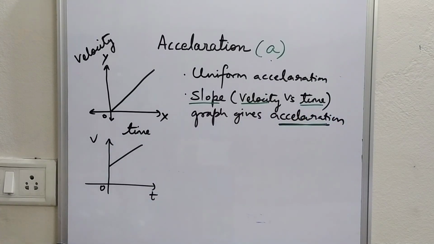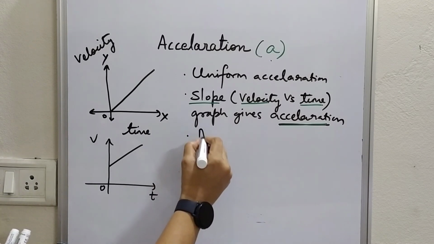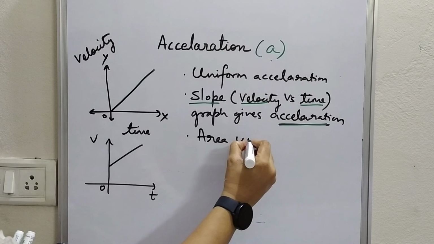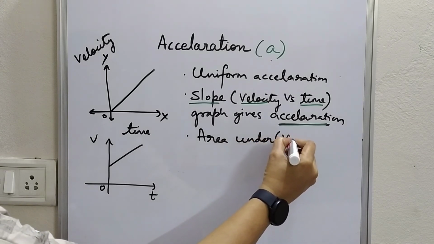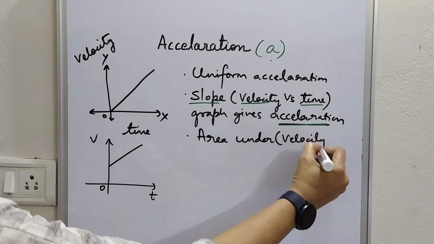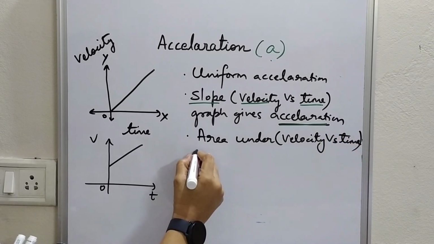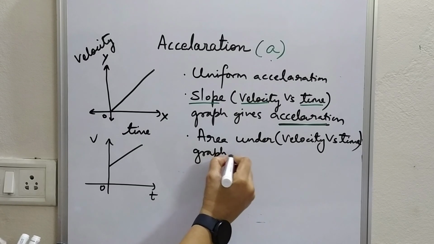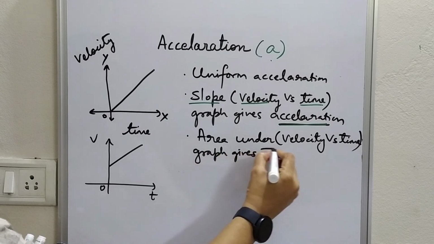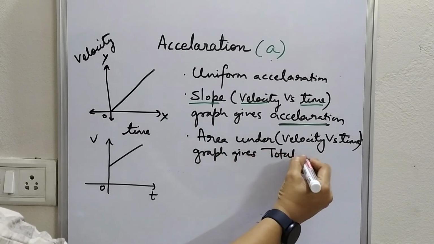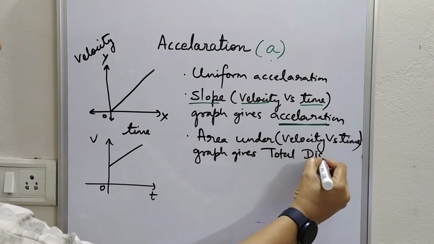What else can we find from a velocity versus time graph? The area under a velocity versus time graph gives us the total displacement.